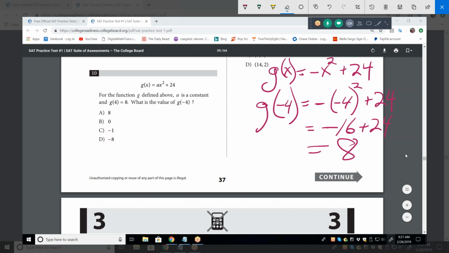I'm going to square it. Right? So G of 4 has to be the same as G of -4. I can say that merely by seeing that the function is squared, not cubed or taken to the 1 power, but squared, then G of 4 has to be equal to G of -4.